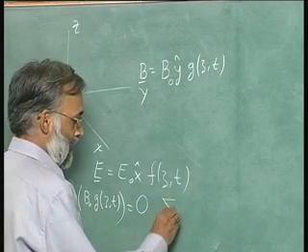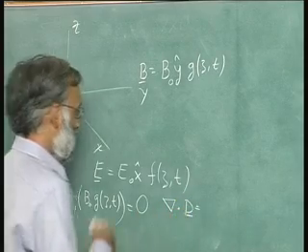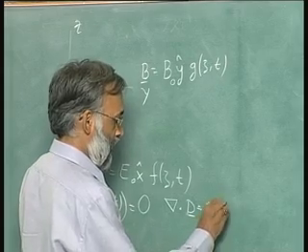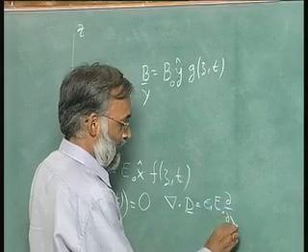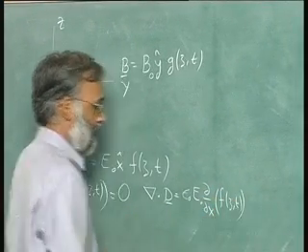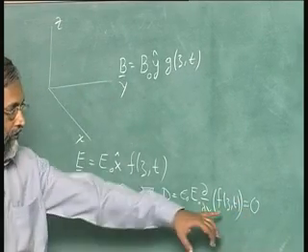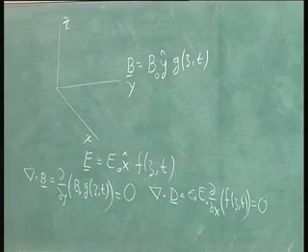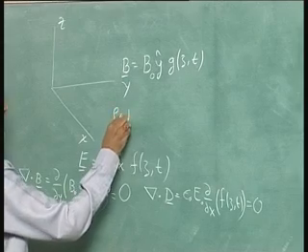If I take the divergence of D, which is epsilon E, I get epsilon naught E naught times del del x of f of z, t, which is again 0, because f is not a function of x, f is only a function of z and t. I will further assume that there is no rho and there is no J.